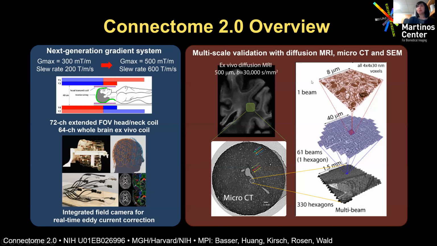So we're doing systematic multi-scale validation using ex vivo diffusion MRI measurements and comparing those signals with what we would infer from diffusion MRI simulations in realistic tissue substrates derived from scanning electron microscopy, and then micro CT as a bridging technology that goes between the very fine scales and the larger macroscopic scales.